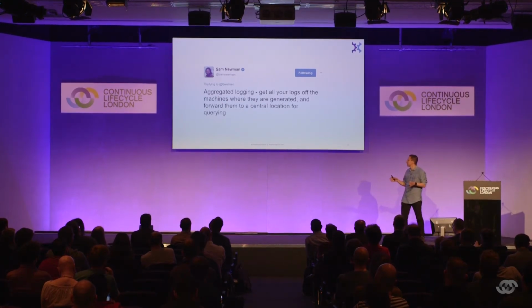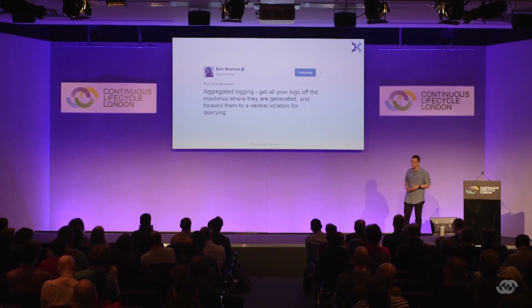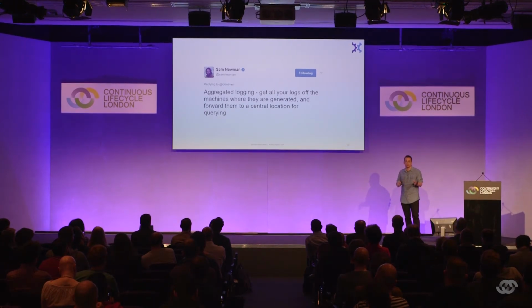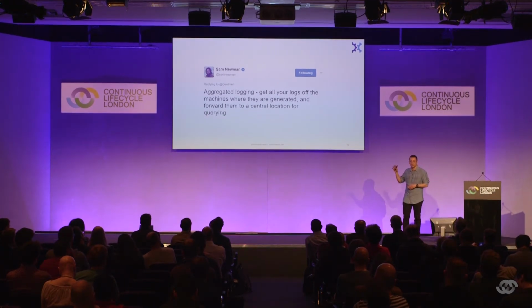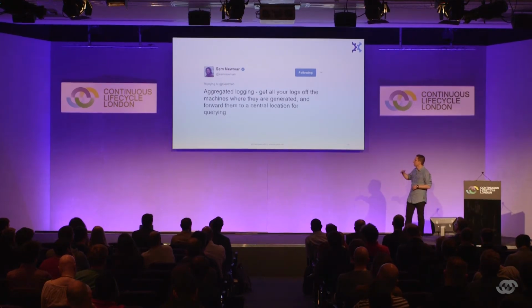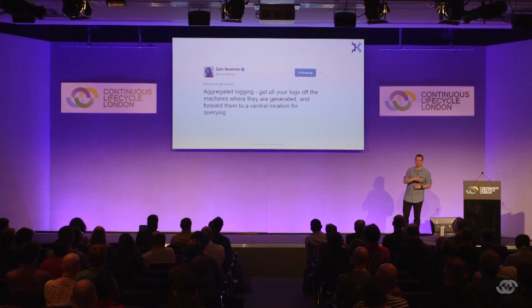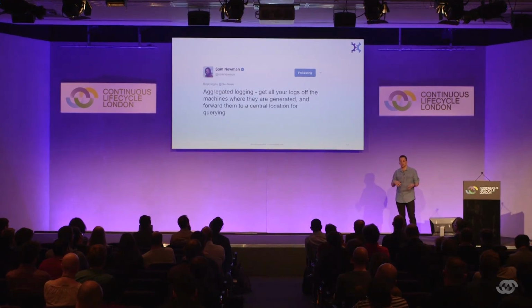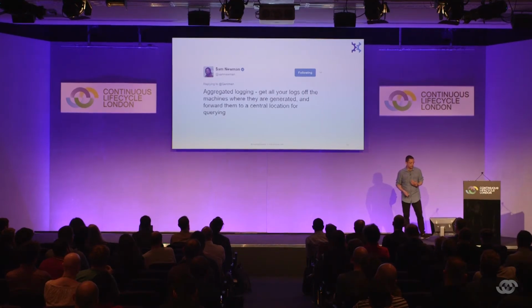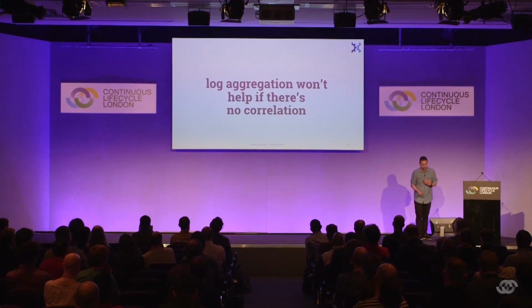I'm sure you're familiar with this, but basically you forward the logs from the machines where they were generated to a central location, and then you can index them together and query them together. Also, you don't have to access the environment where they originated to diagnose problems. So this is definitely something we should be doing with our delivery system as well.